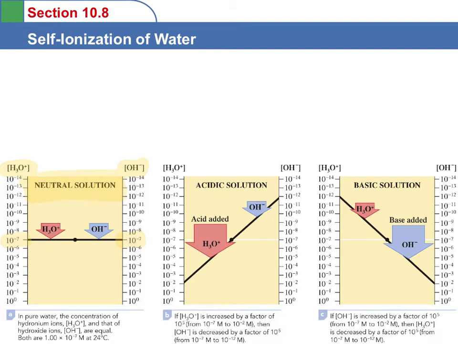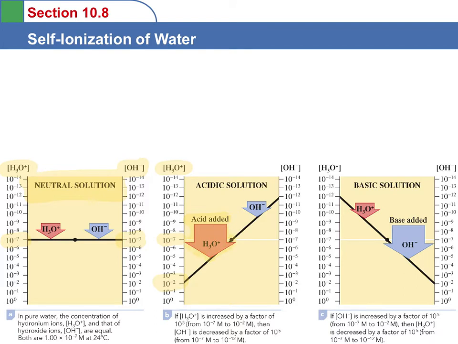If I add some acid, so that means I'm going to increase the amount of hydronium. It looks like I'm going down here, but notice 10 to the negative 2nd is bigger than where it started, 10 to the negative 7th. So I've added hydronium, which is the acidic ion.